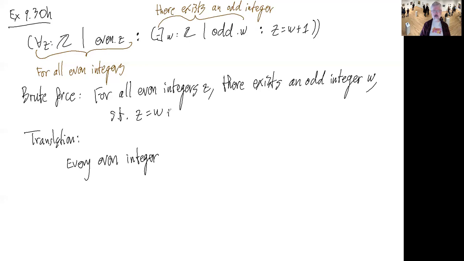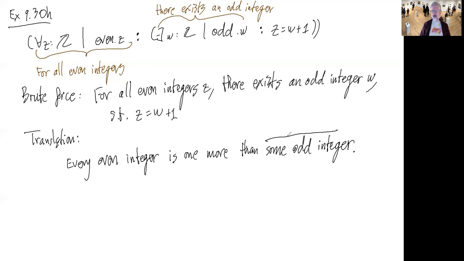Oh, I left out the plus 1 here. What's the relationship between the even and the odd? Well, the even is one more than the odd. So every even integer is one more than some odd integer. Okay. And so the some odd integer is like this part here.